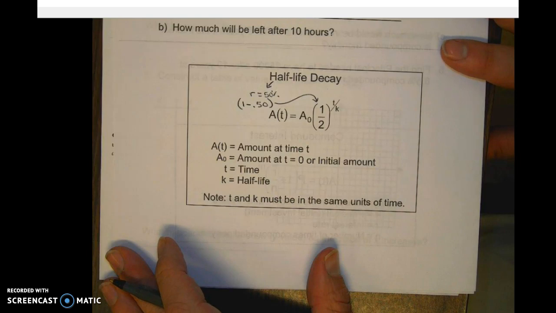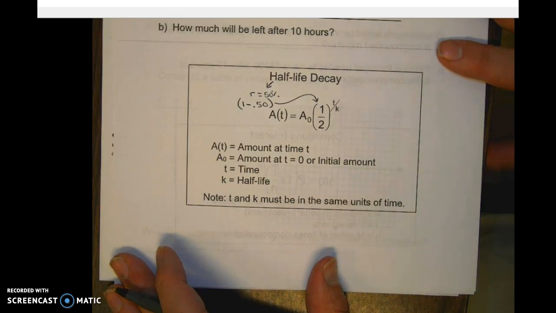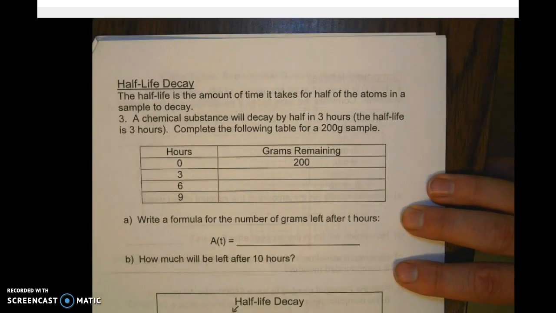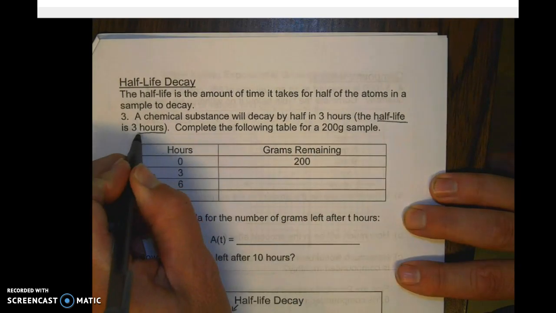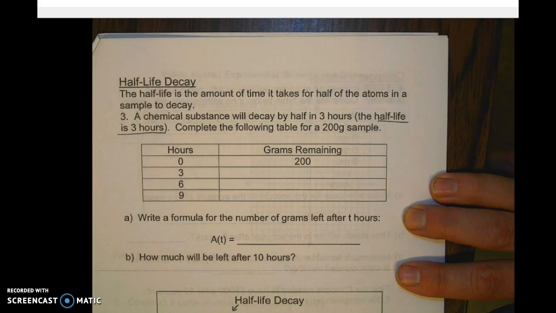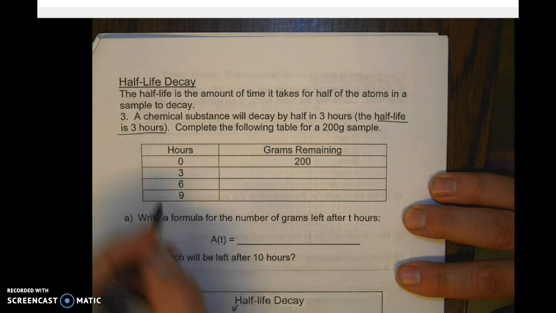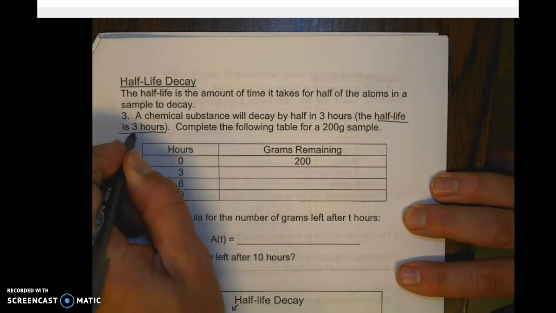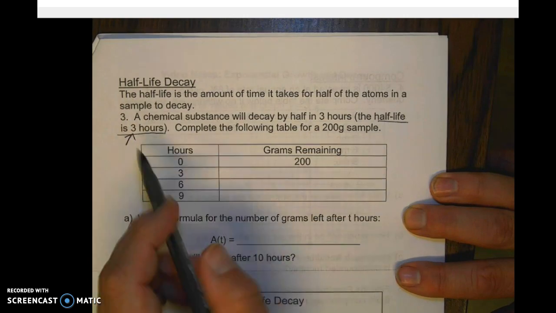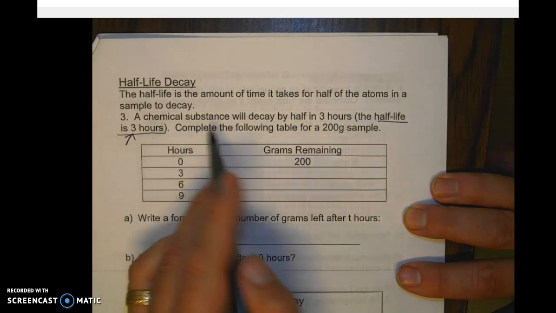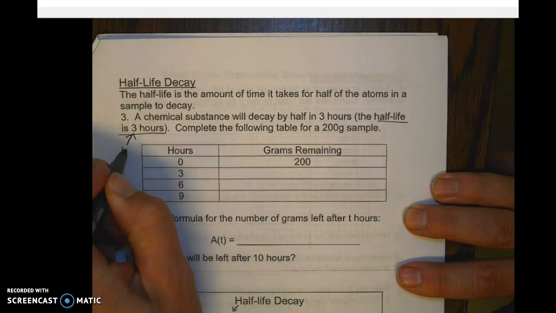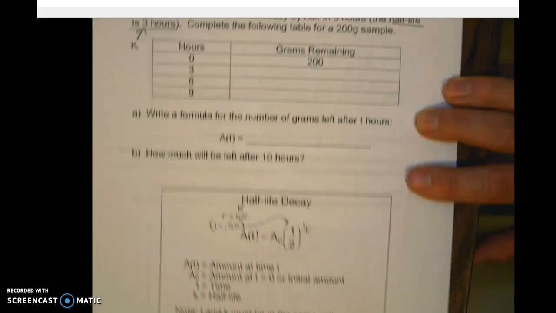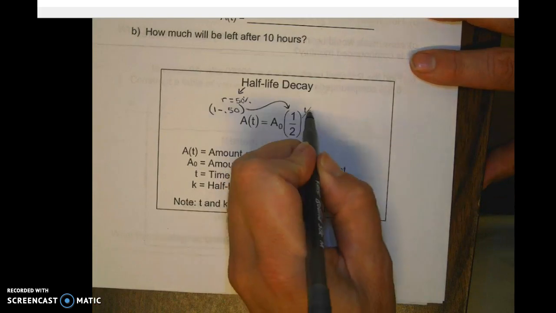It'll say straight up, for example, the half-life is 3 hours. Okay, what that means is that every 3 hours, the amount is going to be cut in half. And that would be your K value in this formula here. This is your half-life.